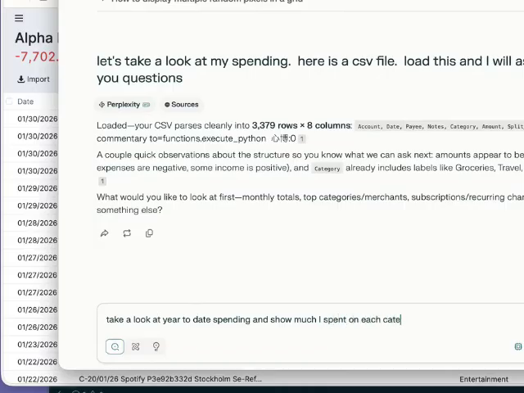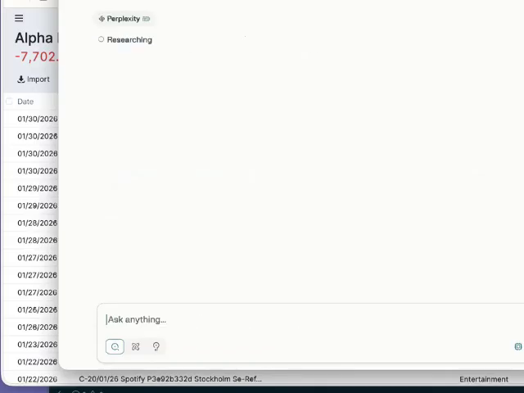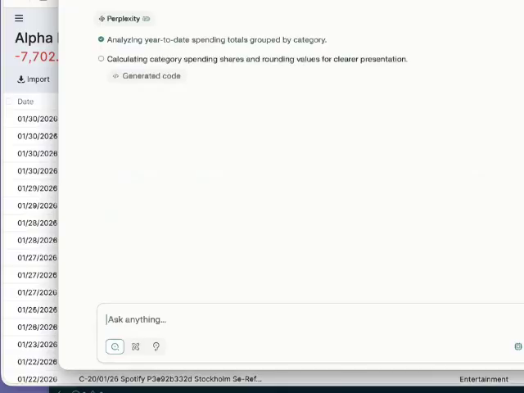Now think about this. What this is going to do, okay, it understands that spend is a negative number, positive number is income. It knows what today's date is. It knows to look at this data and says, oh, there's a column called category.